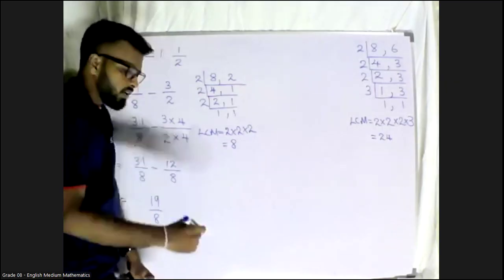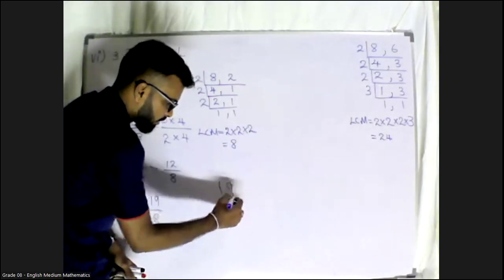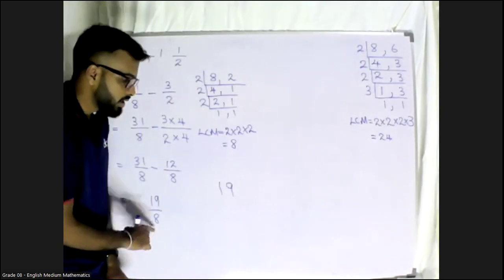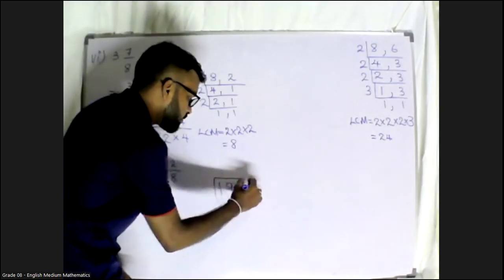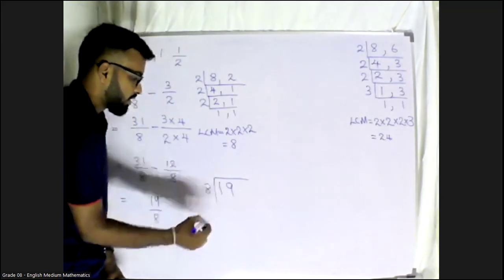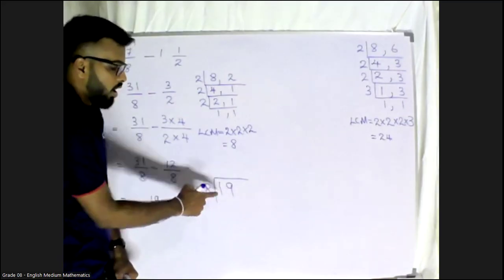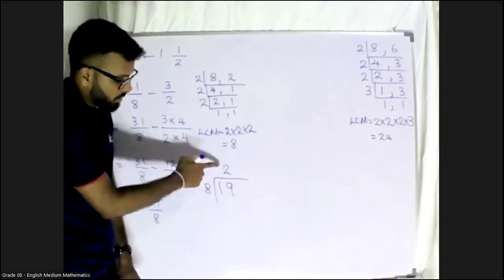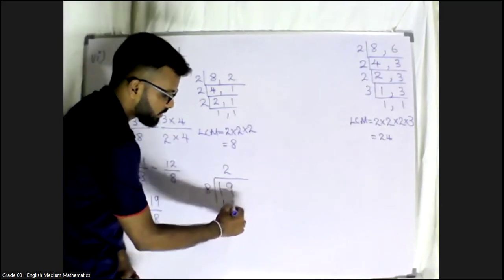So how do we convert it? 19 divided by 8. I will use long division, right? How many 8s are there for 19? 2. 2 times 8, 16.